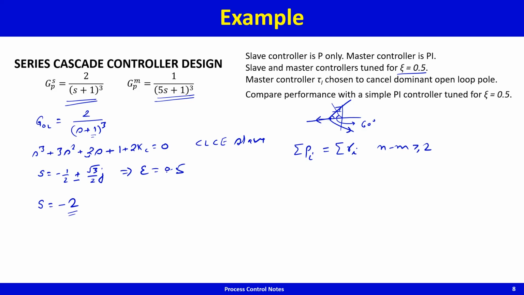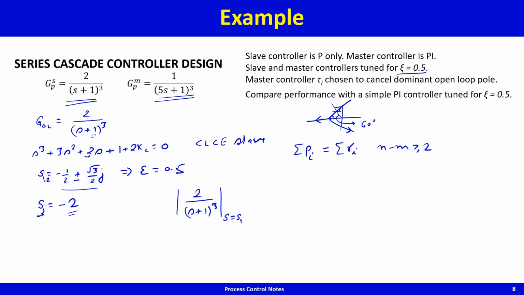And at this value of s, you can calculate Kc as the absolute value of 2 over s plus 1 whole cube, at s equal to s1, s2, and this is s3, the third root.